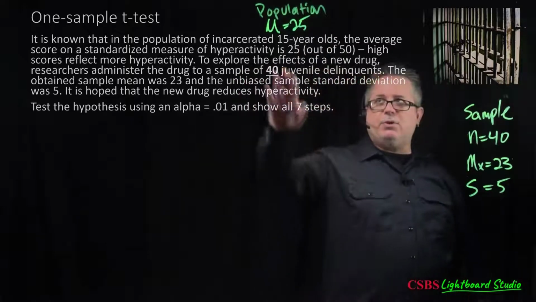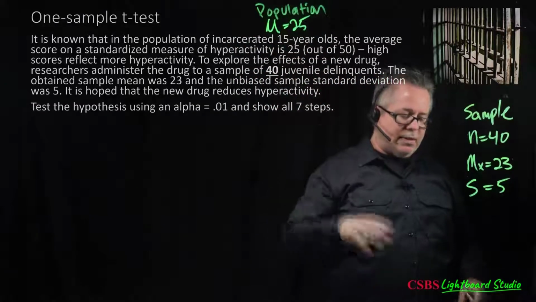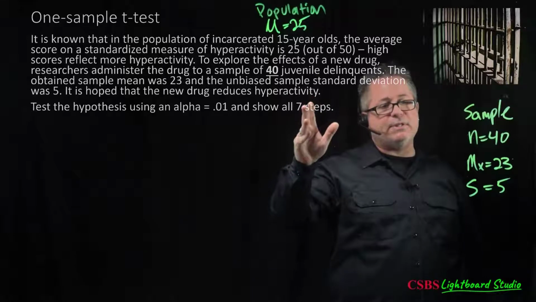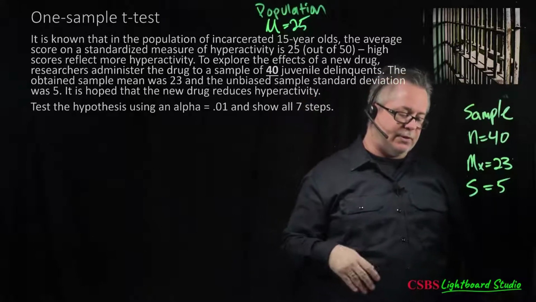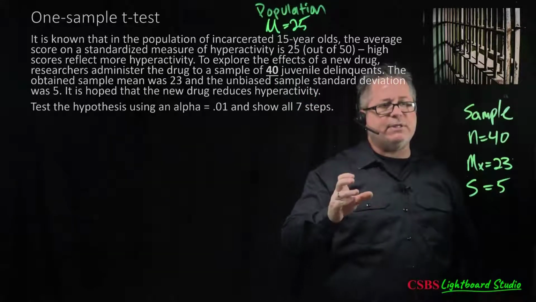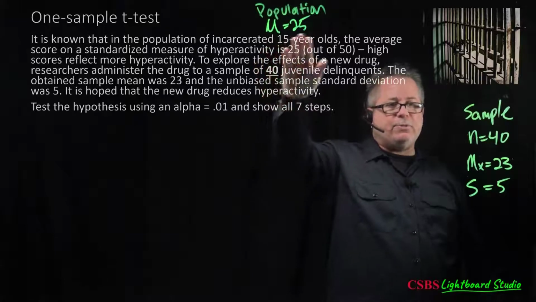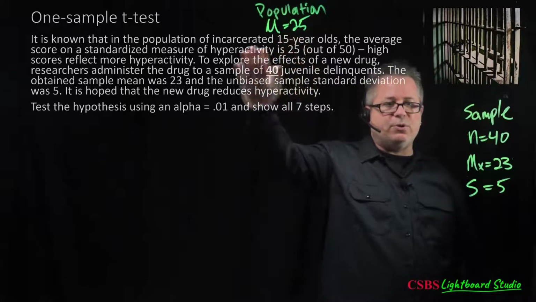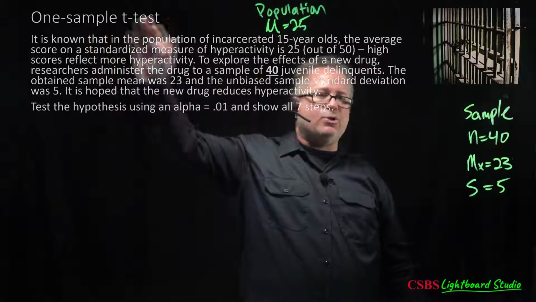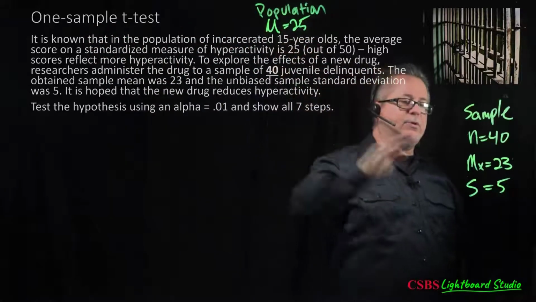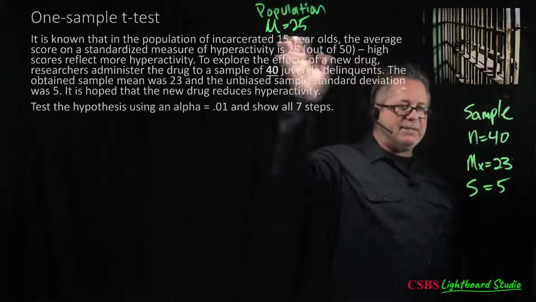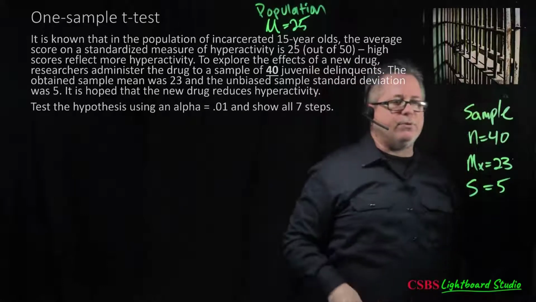That, by the way, is the clue. You may be thinking that sigma being there versus not there signals whether you're doing a z versus a t. The fact that you're given the population mean at all is what signals that you're doing a one sample test, because you have to have something like a population mean to compare your sample to. If you don't have that, you have nothing to compare your sample to.